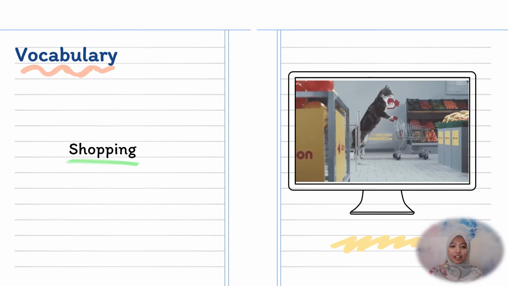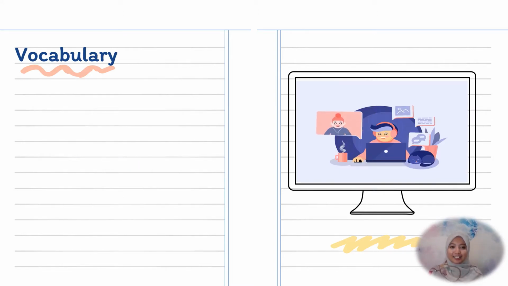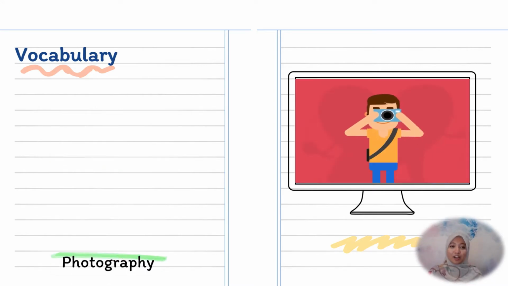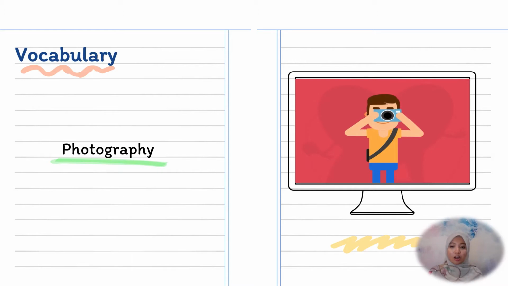Shopping maksudnya membeli belah. Next, chatting online. Chatting online maksudnya berbual menerusi alam maya. The last one is photography. Photography maksudnya fotografi ataupun bergambar.